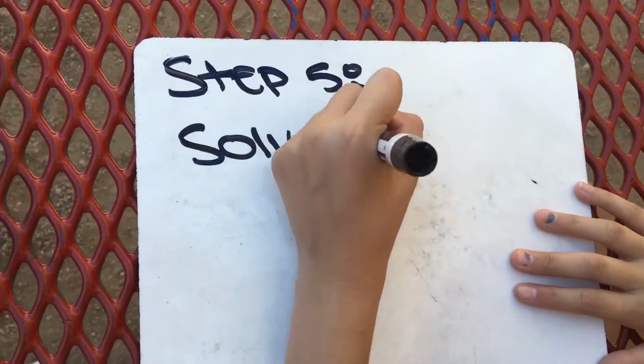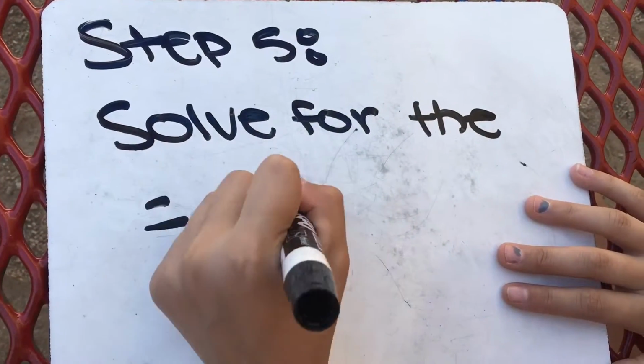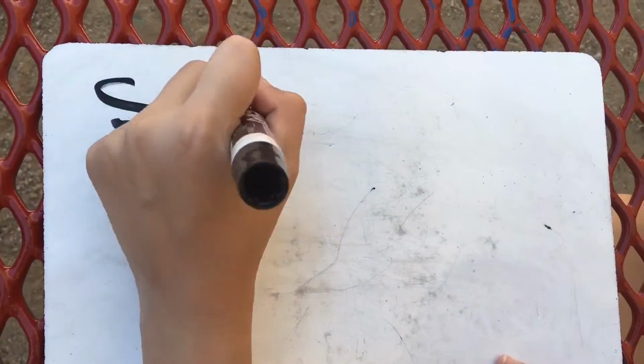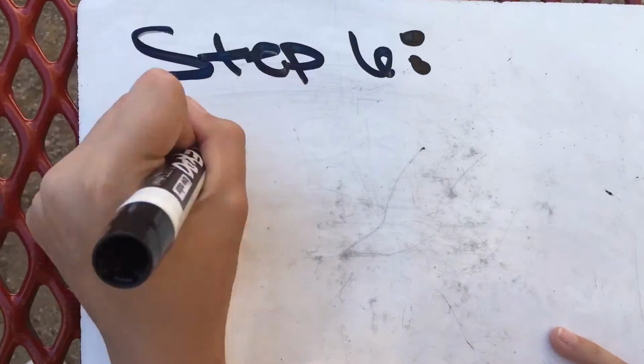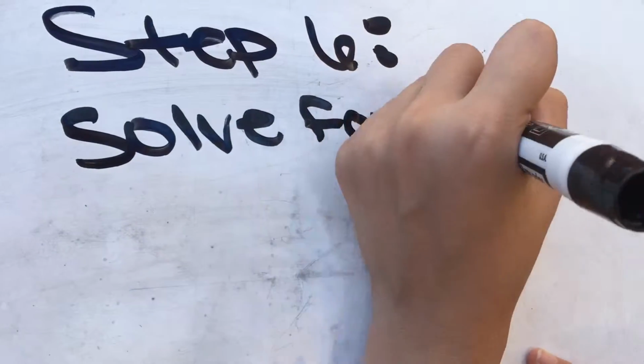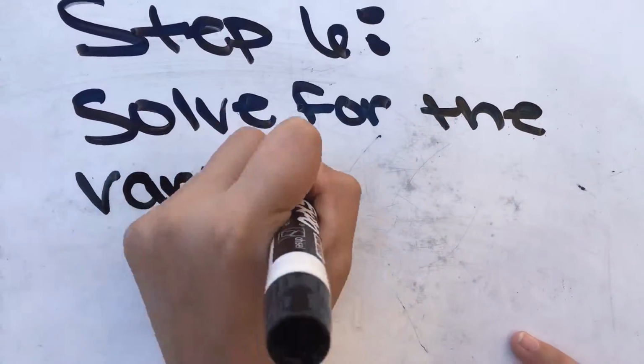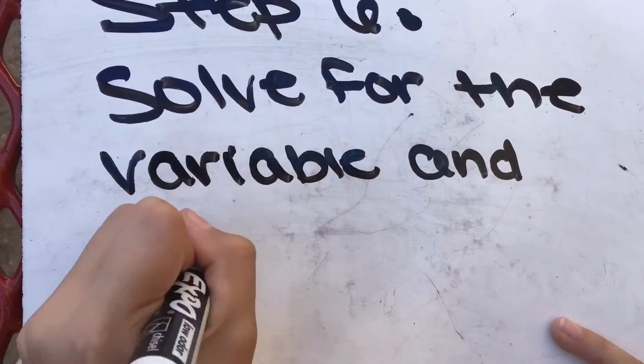Step 5 is to solve for the equal sign. Step 6 is to solve for the variables and make sure you check your work.